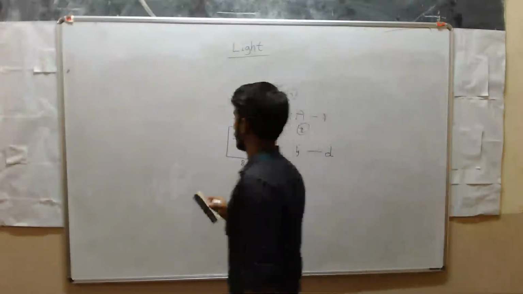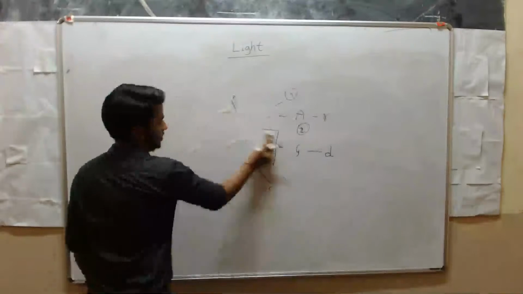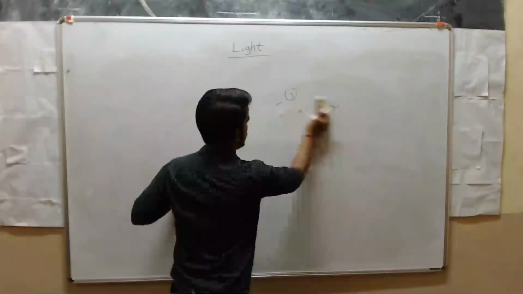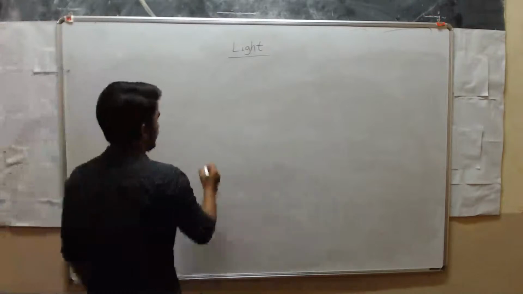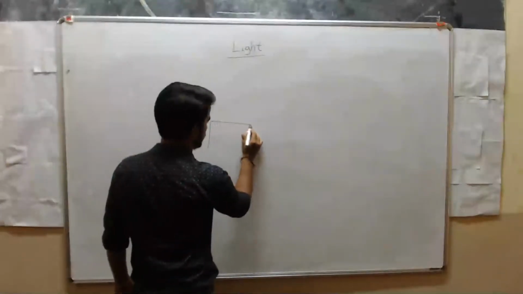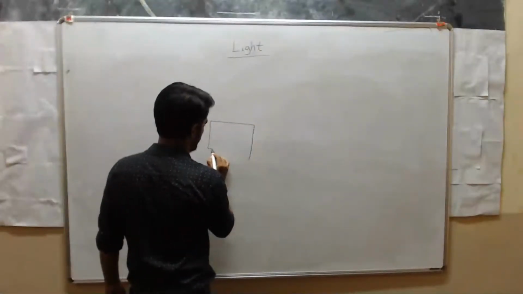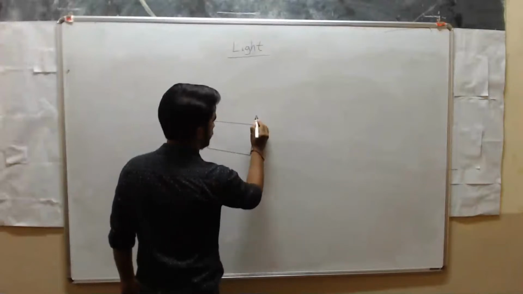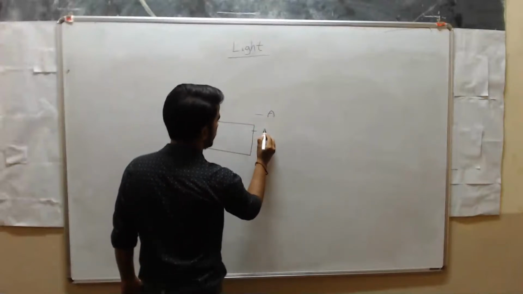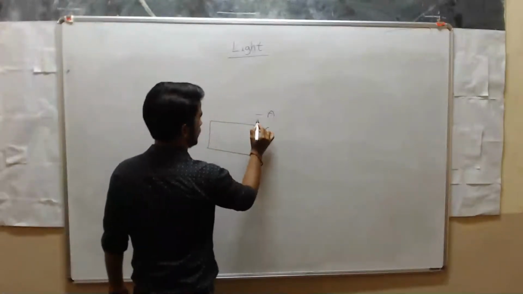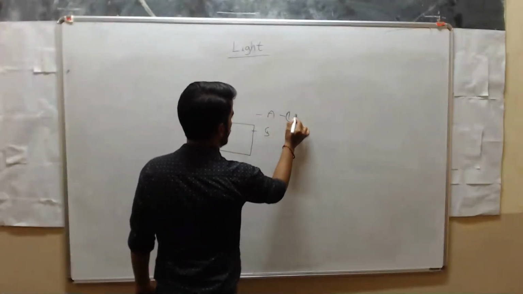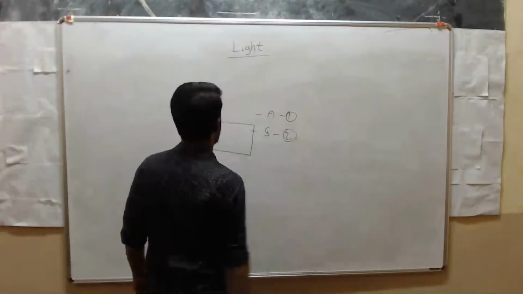Okay. Next, move to refractive index. So this is air medium and this is glass medium. So I will call this medium 1 and this medium 2.